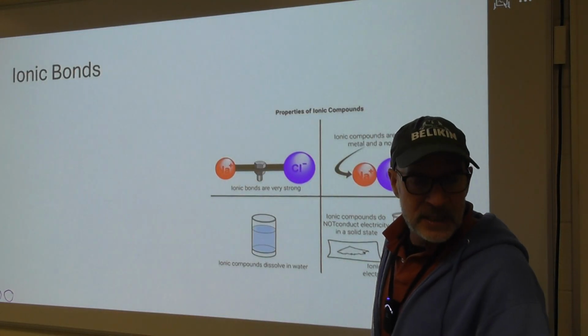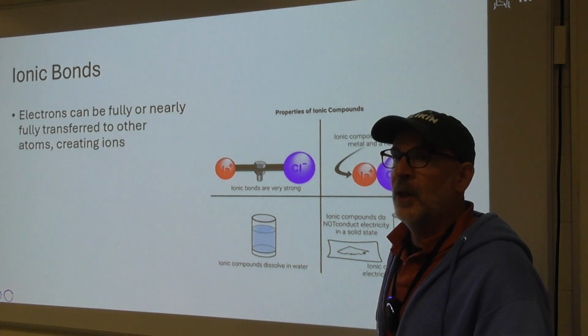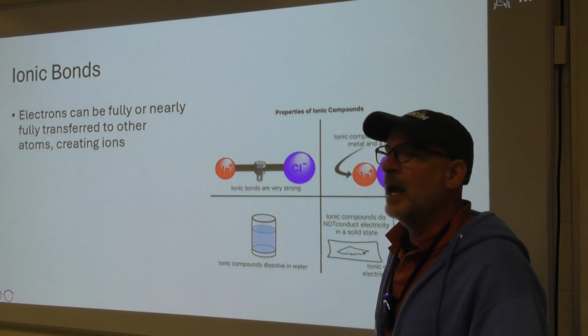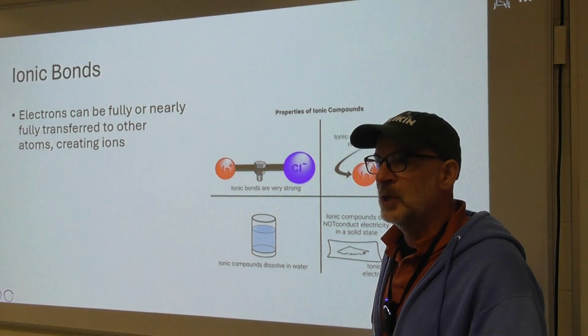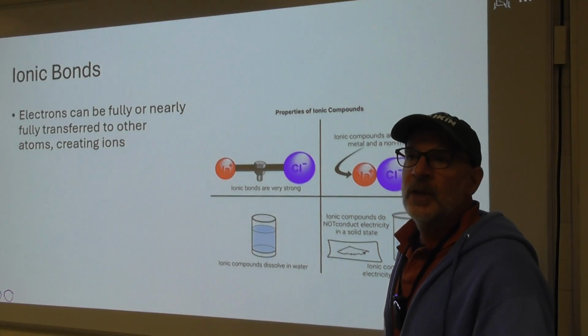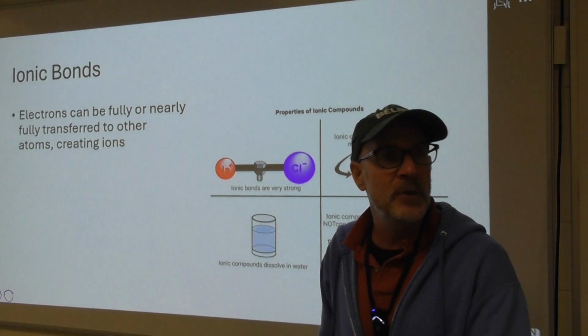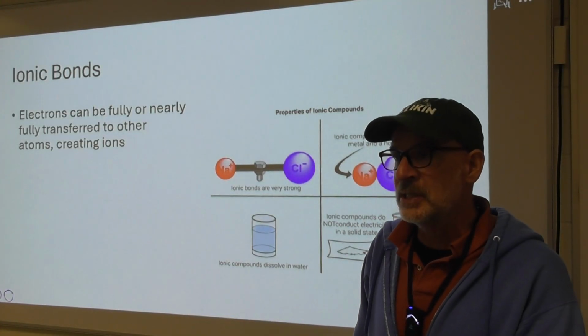Okay, the next kind of bond is an ionic bond. This is a pretty sturdy bond as well. This is when you get an electron fully moving or very close to fully moving from one atom to another. It creates an ion. And those ions can be positive or negative depending on whether they've lost or gained electrons. You can have multiple charges.